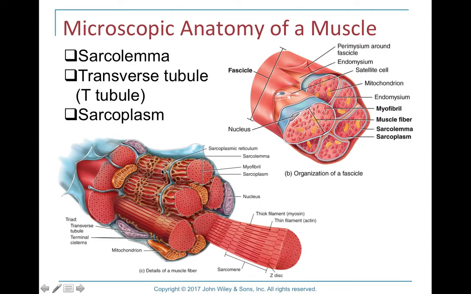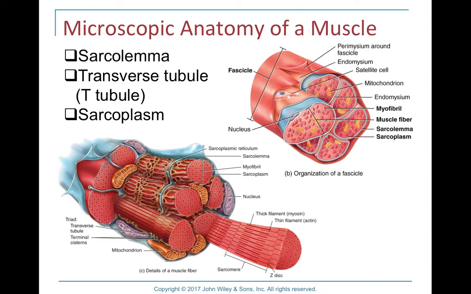Just like we have an endoplasmic reticulum in cells, in muscle cells we have a sarcoplasmic reticulum. And so on either side of the T-tubule, we have a terminal cisternae at the dilated end of those, and we call that the triad.